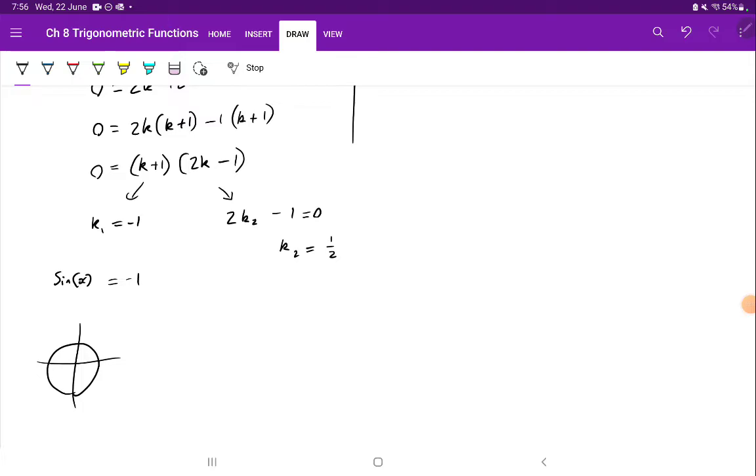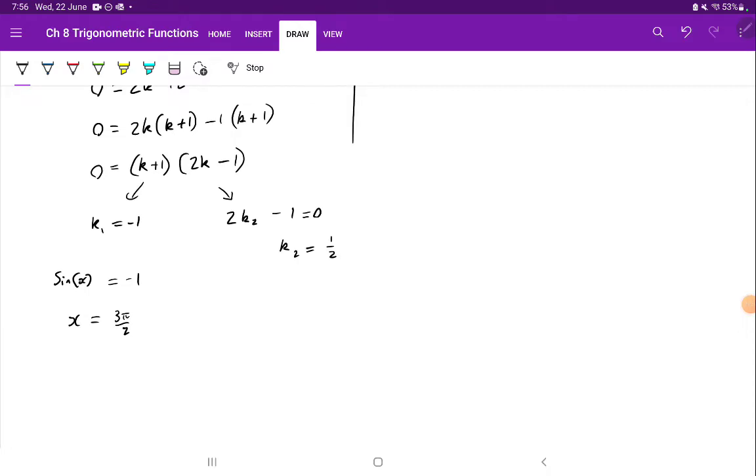Well, sine is to do with the y-axis, and the y-axis is only negative in this region down here, and it's only going to be negative 1 at that particular spot, which is an angle of 3 pi on 2, or 270 degrees. So we've got only one solution, 270 degrees. So x must be equal to 3 pi on 2.